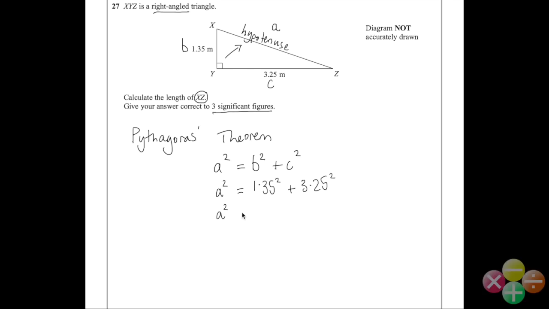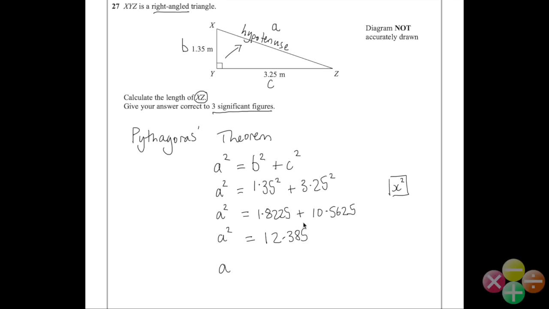So A squared is equal to 1.8225 plus, and 3.25 squared is 10.5625. Of course, for those you can use your calculator, and remember you're looking for a button that looks like that. So A squared is equal to 12.385.